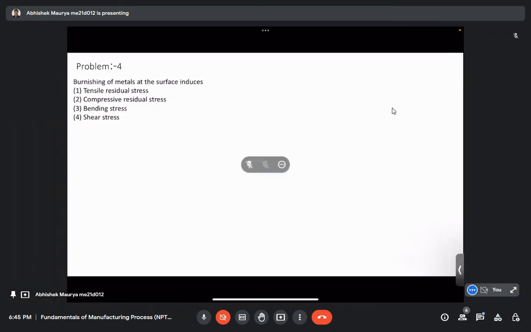So the correct answer is compressive residual stress. And let's quickly see what the burnishing process is, and we will take a closer look at it.